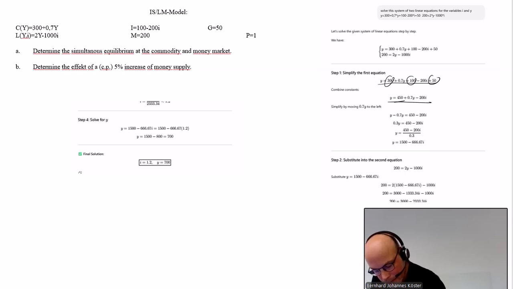And then it has solved for Y. This is another method to solve a linear system, that you solve at first for one variable and then feed this variable into the other equation. With this equation here, we substitute this in the other equation, which was just given by 200 equals money demand.